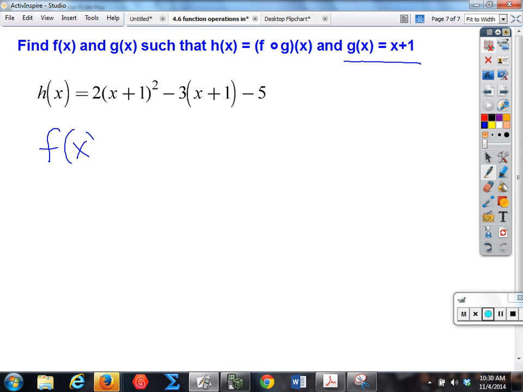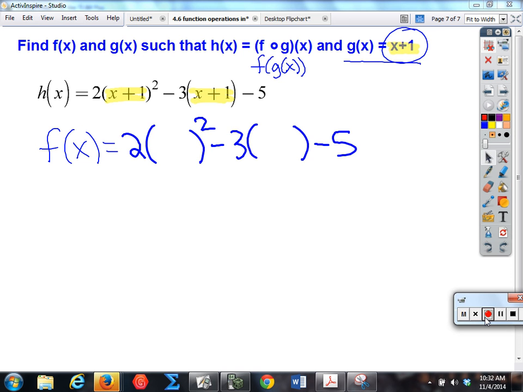You guys see that this x plus 1 is plugged in right here and right here. So what does f of x need to be so that it plugs in right there? Yeah, the plain f of x would just be that: 2x squared minus 3x minus 5. So you just got to be able to see them and find some that go together. To see 2 something squared minus 3 something minus 5.